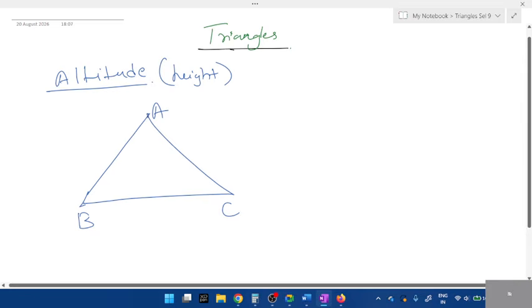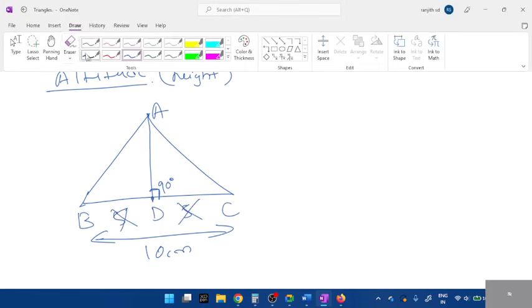Altitude is nothing but we don't start from the base. For altitude, we always start from the vertex. From the vertex, if I draw a straight line, the angle formed here should be 90 degrees. If this is 10 centimeters, it doesn't mean BD should be 5 and DC should be 5. The distance doesn't matter.